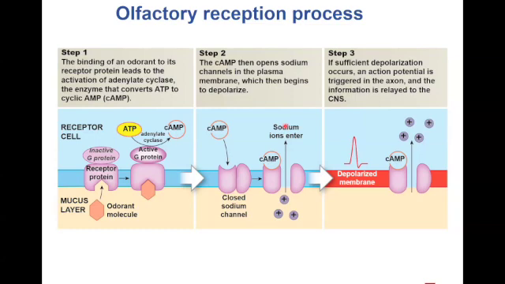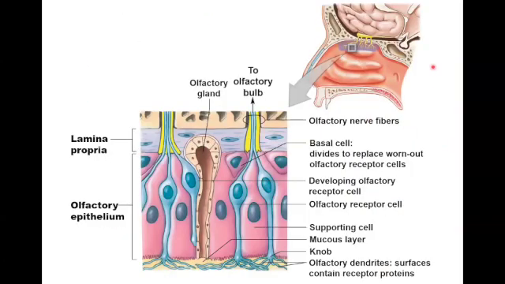We call that depolarization. The signal has now started, and that's going to send that signal like we just mentioned. If sufficient depolarization occurs, we get an action potential, and the signal of the chemicals that we're smelling will be propagated through cranial nerve number 1, the olfactory nerve, and it'll reach the olfactory bulb here.